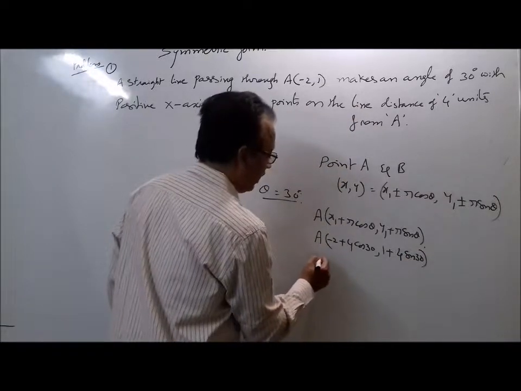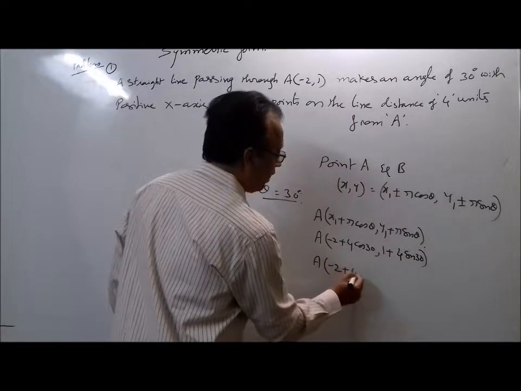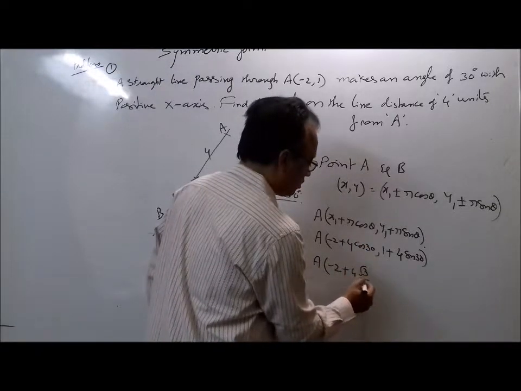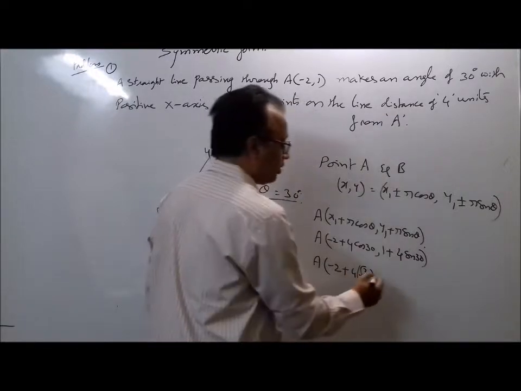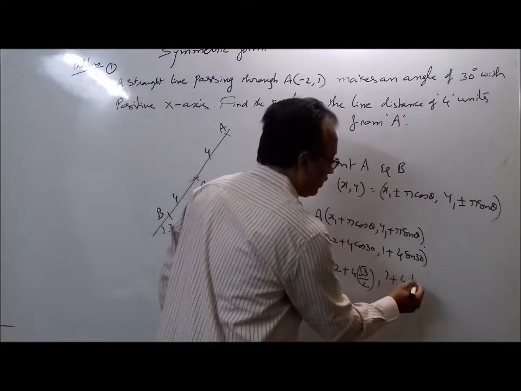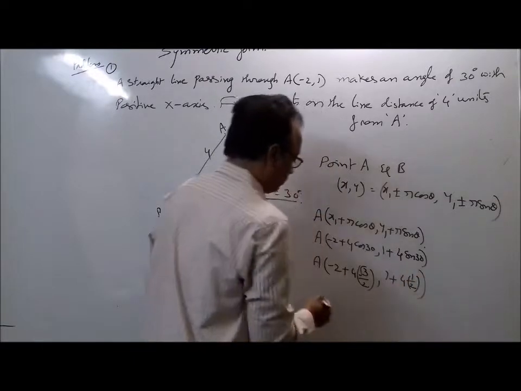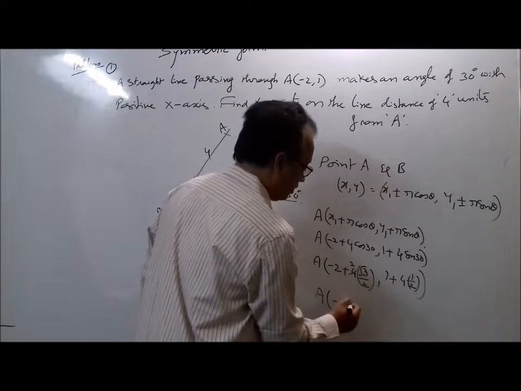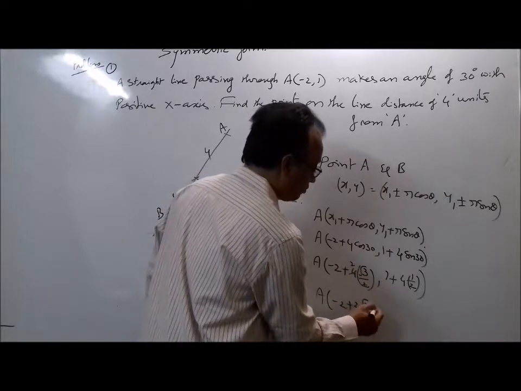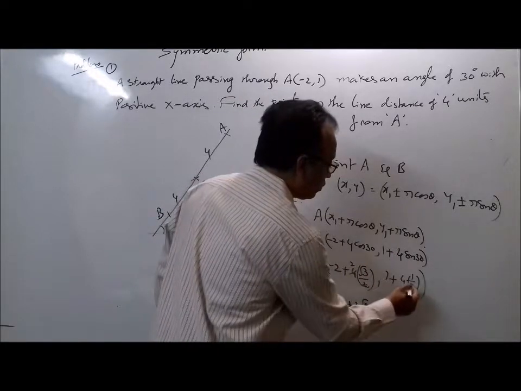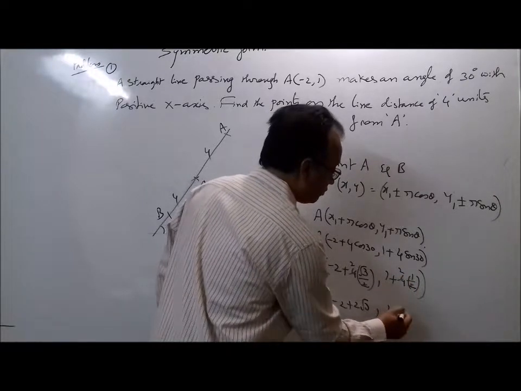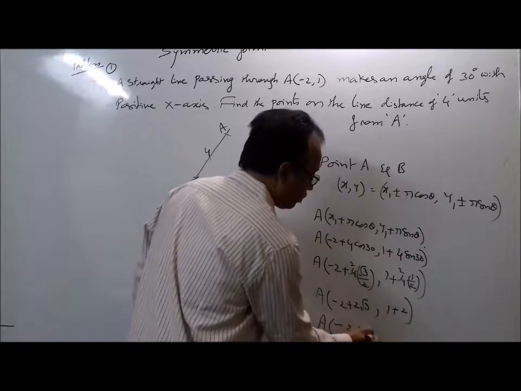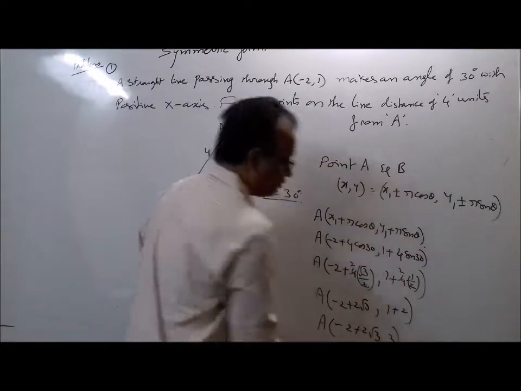That is minus 2 plus 4 times cos 30, which is root 3 by 2, comma 1 plus 4 times sin 30, which is 1 by 2. That is minus 2 plus 2 root 3, and 1 plus 2. So A is (minus 2 plus 2 root 3, 3).